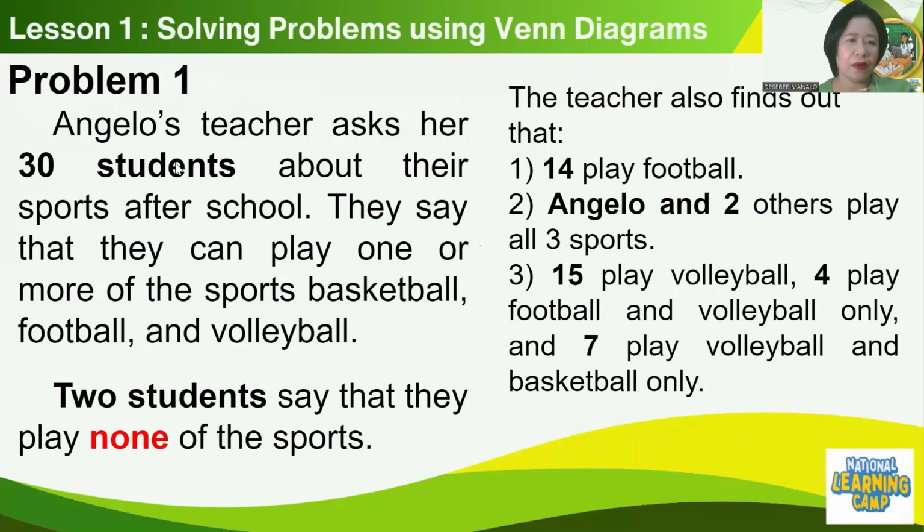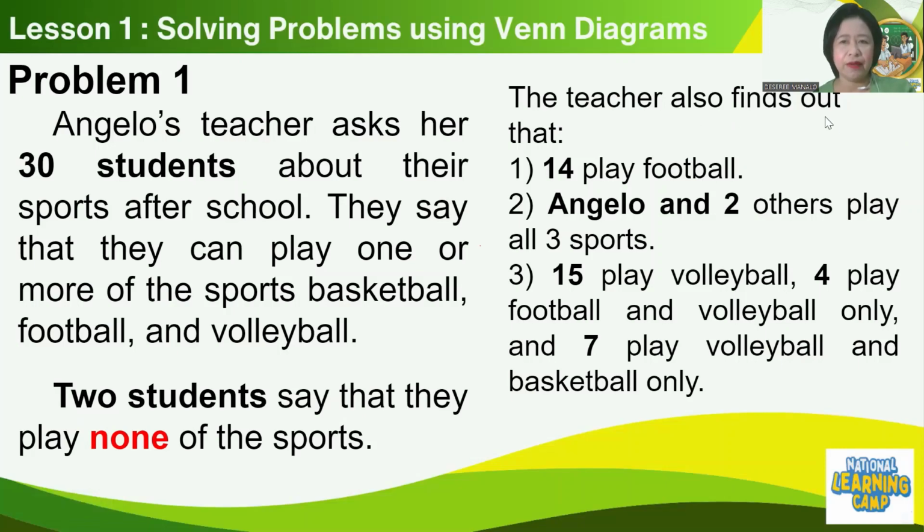That is our problem 1. Angelo's teacher asked her 30 students about their sports after school. They say that they can play one or more of the sports: basketball, football, and volleyball. 2 students say that they play none of the sports.